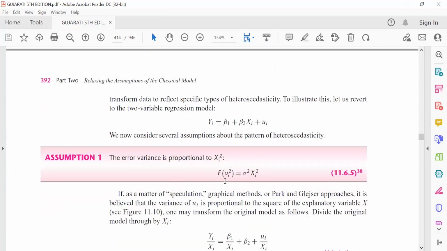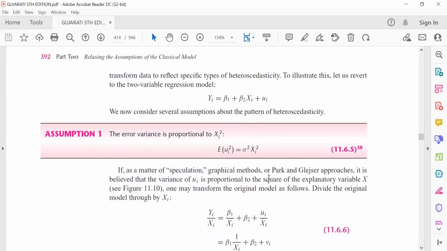First, if we assume that the variance is proportional to xi square, then we divide all the variables by x, because it's xi square, so we divide by x.